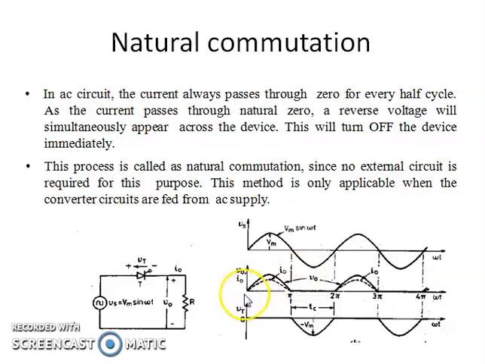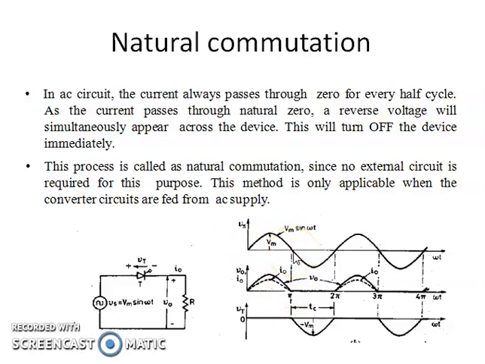Our firing angle is equal to 0 degrees. Then the SCR starts conduction. Therefore, the output voltage V0, or voltage across the resistance, is equal to the input voltage up to pi.